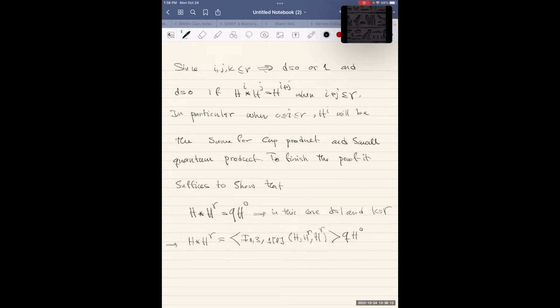However, if this is the case, remember that if I take the intersection of H with itself R times in an R-dimensional variety, I will get the point class. So this is the class of a point, and this is also a class of a point. So this is the same as I_{0,3,line} of H, point, and point.